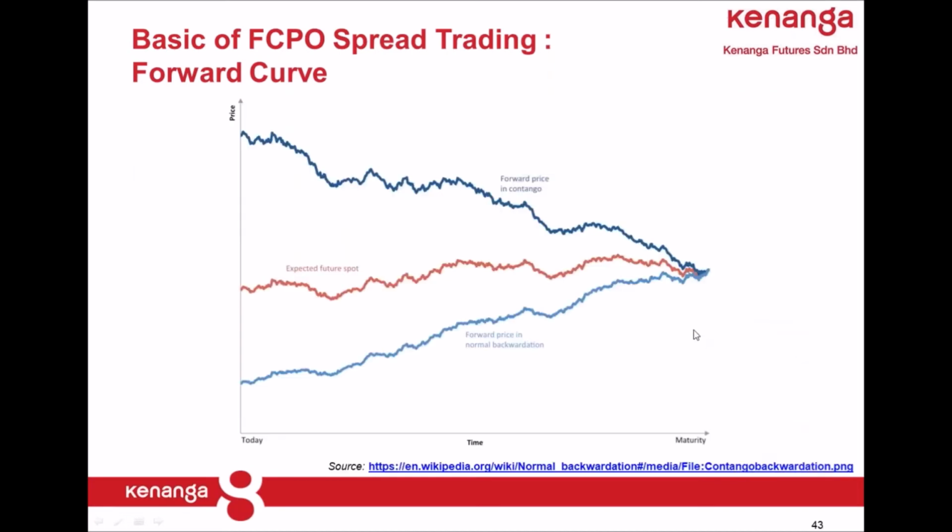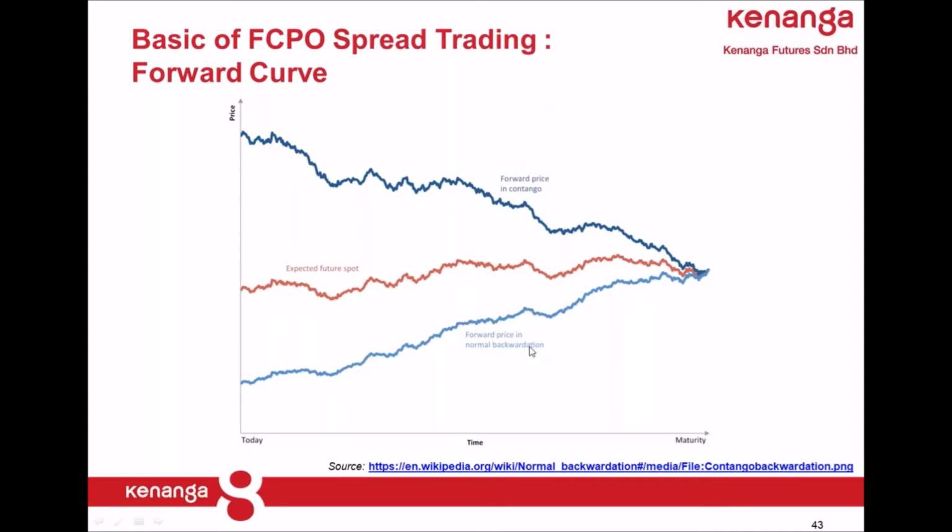Next, this will be the forward curve. As you can see, this is a normal contango curve. This is the expiry contract, from nearer month to farther month. Sorry, this should be a contango curve, and this should be a backwardation curve.